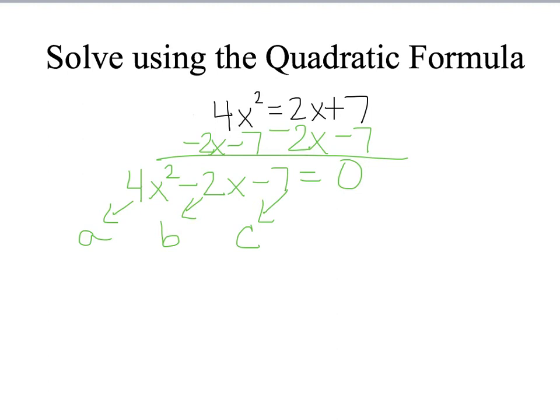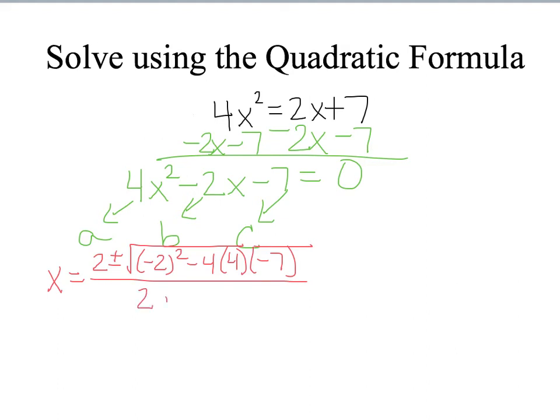Now let's use the quadratic formula. X equals the opposite of b. Since b is negative 2 here, the opposite of b is positive 2, plus or minus the square root of negative 2 squared, minus 4 times a, which is 4, times c, which is negative 7, all over 2 times a, so 2 times 4.